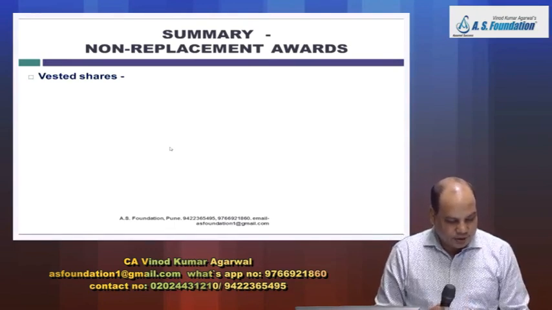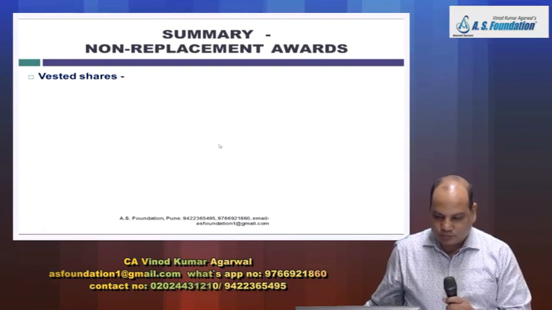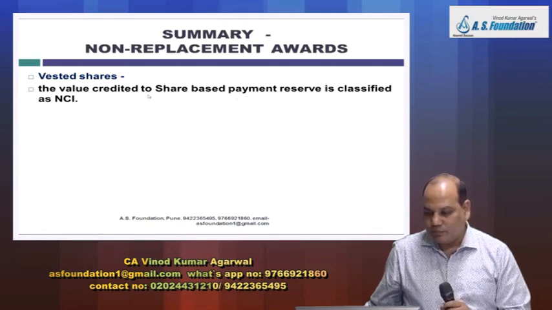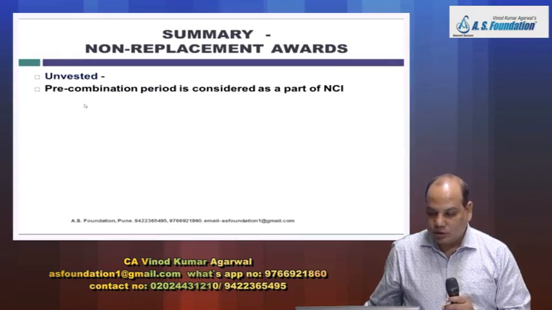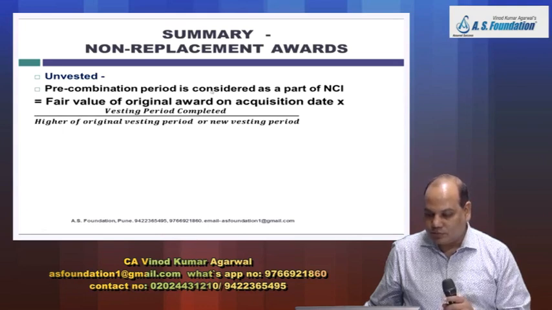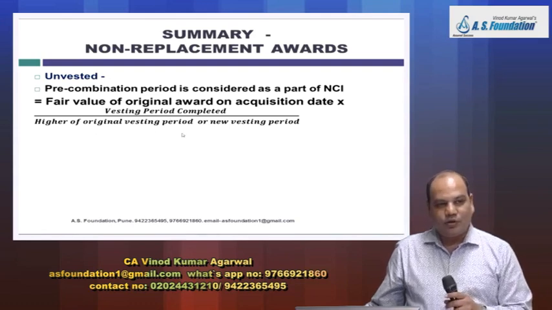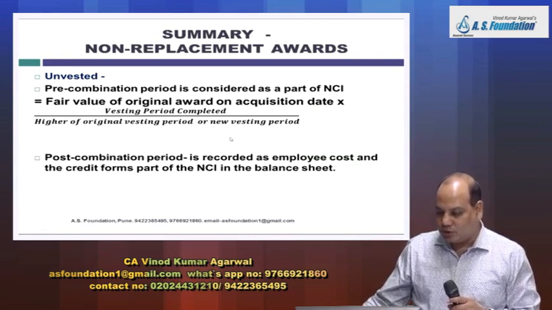Is the summary written in your book? Yes. Vested share: value credited to share based payment reserve will be classified as NCI. Unvested: the pre-combination period is considered as a part of NCI. Pre-combination period calculation is fair value of original award on acquisition date into vesting period complete upon the higher of the total vesting period or new vesting period.